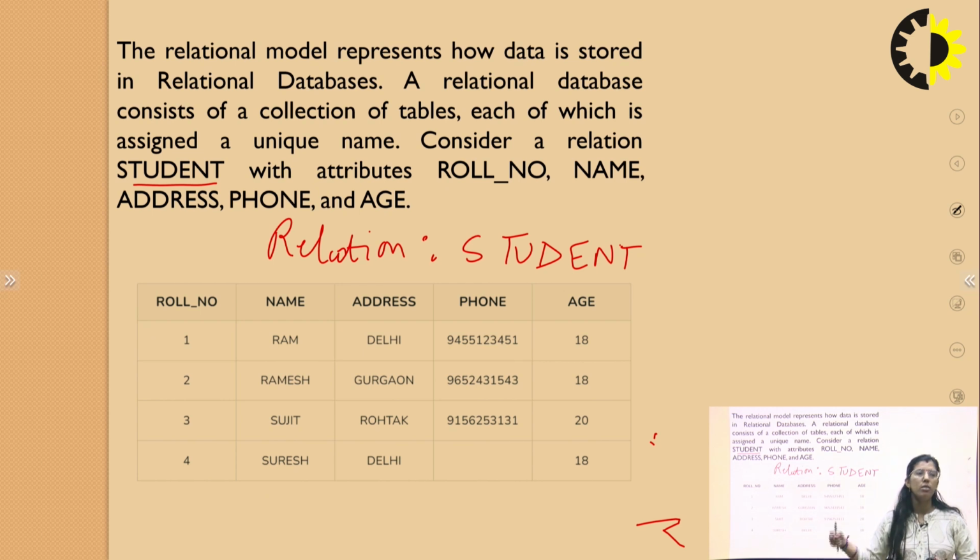We call these rows tuples. Second thing is, each column has a different and unique identification parameter through which we can identify each tuple. So here columns are represented as attributes and rows are represented as tuples.